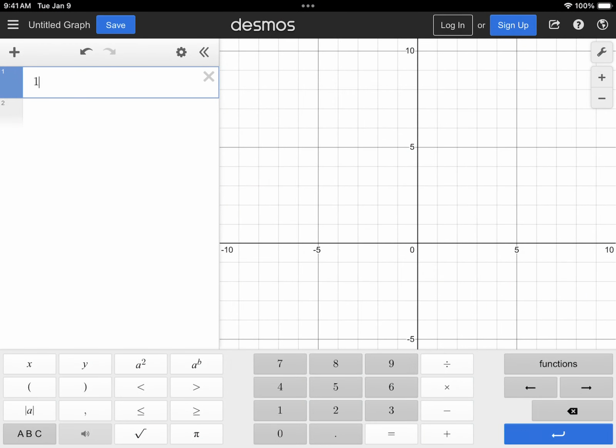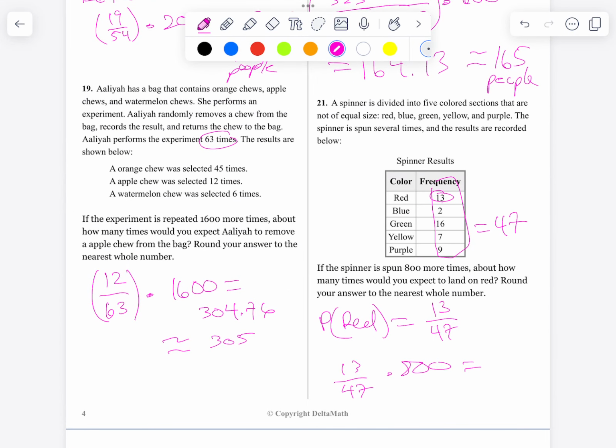I got 13 divided by 47 times 800. I get 221.27. So about 221 times.